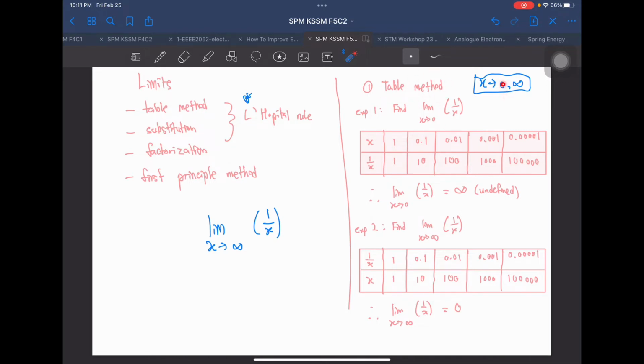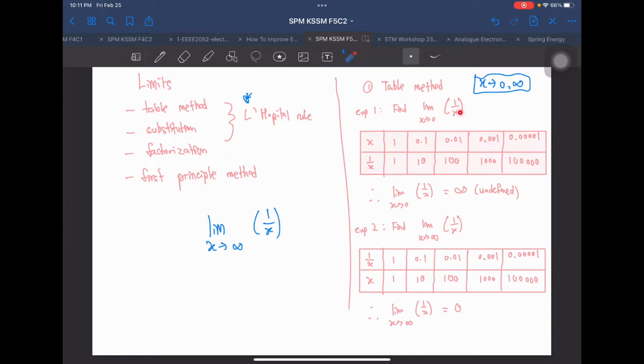First, you have the limit as x approaches 0 of the function 1 over x. We're going to test the values of x one by one and observe the value of 1 over x, in order to find what 1 over x is when x is 0.